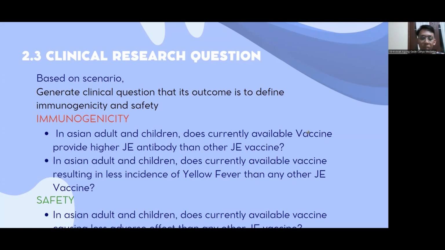Since it is really necessary for us to know how effective this vaccine is in reducing the incidence of disease. And then safety, we want to ask, do currently available vaccines in Asian adults and children cause fewer adverse effects than any other JE vaccines?